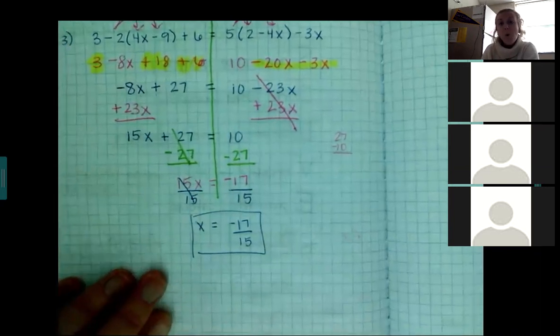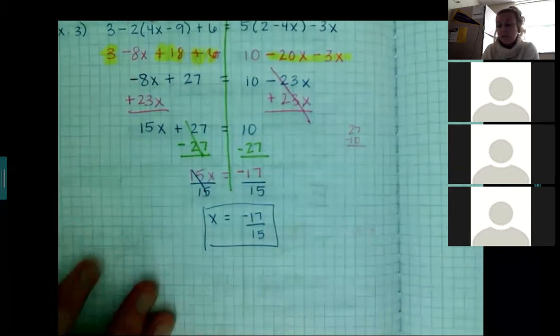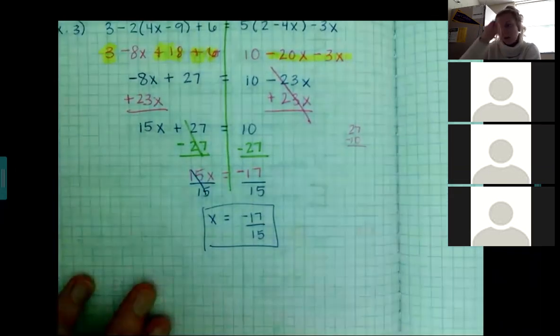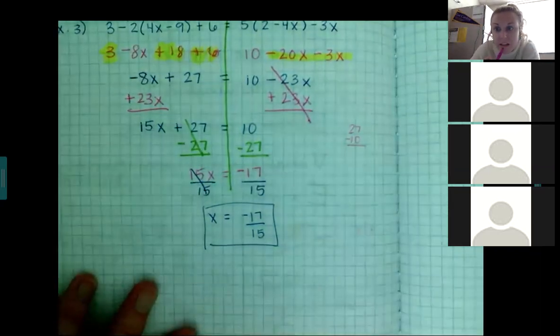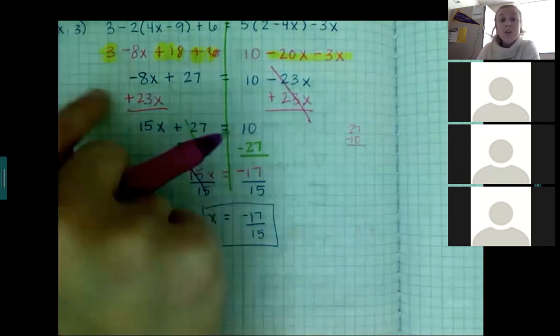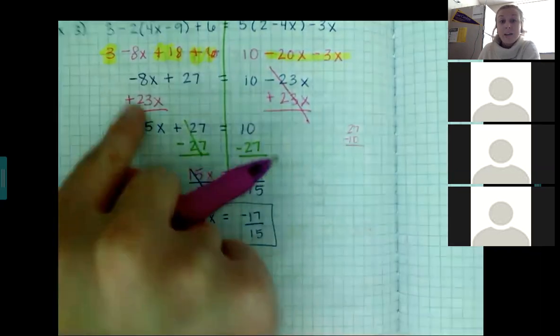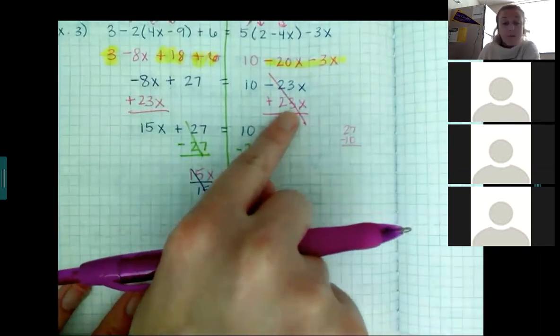Now I have one more thing to show y'all and then we will be done. Sound good? Miss Paul, one question. What's up, babe? When we moved 23 to the left, can you tell me how come we couldn't move negative 8? You could have moved negative 8. If you want to move the smaller number because that math is easier for you, you can definitely do that.